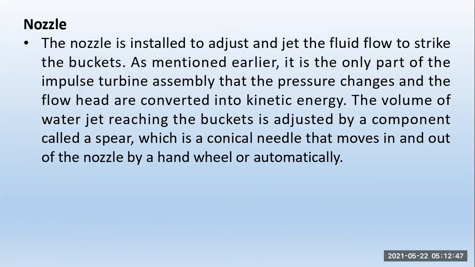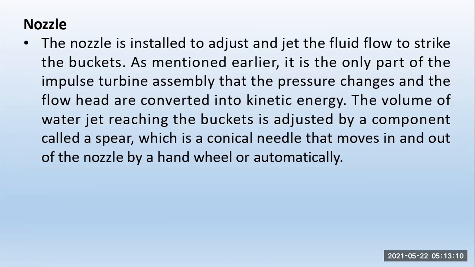Nozzle: the nozzle is installed to adjust and jet the fluid flow to strike the buckets. As mentioned earlier, it is the only part of the impulse turbine assembly where the pressure changes and the flow head is converted into kinetic energy.